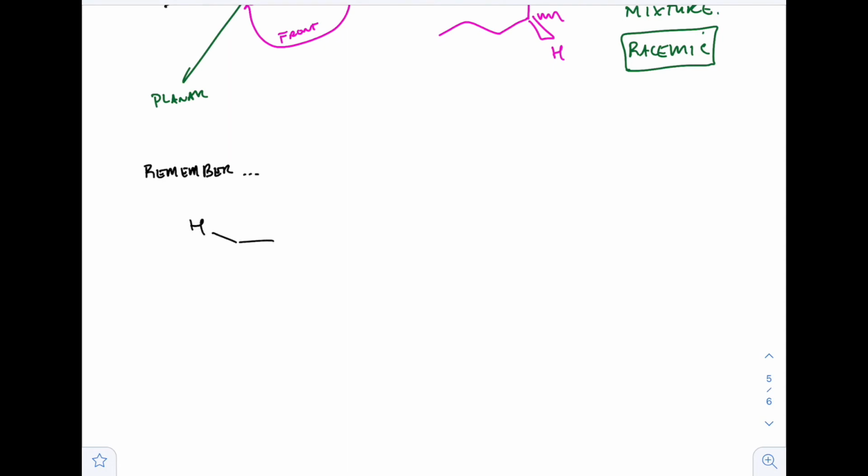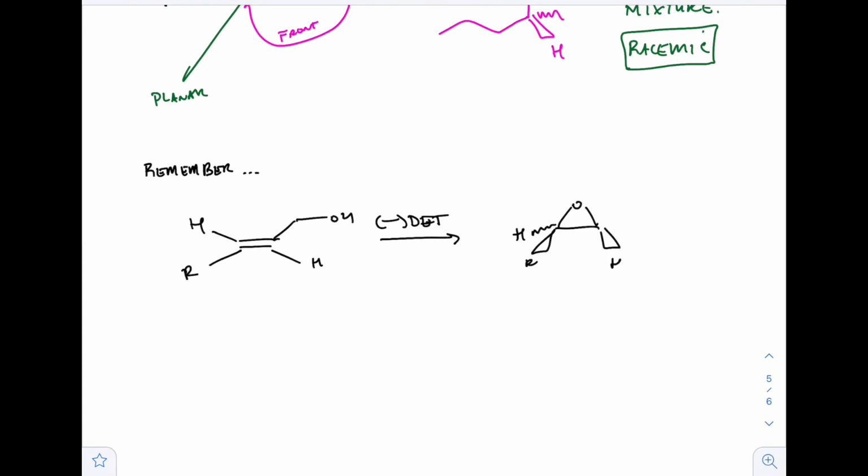Okay, so remember that one time when we had these enols, so we had the allylic alcohol, and we hit that with that DET. So this Sharpless oxidation process formed a single enantiomer, at least as a major product.